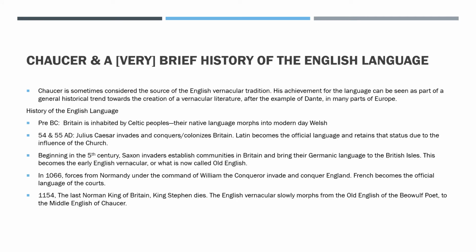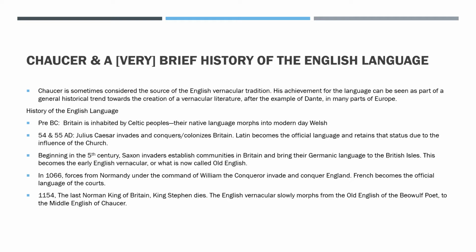Okay, so I also want to talk a little bit about Chaucer and his role in making the English vernacular a language of literature. Now, I was told by Ms. Kopecky that you guys all kind of talked about this when you were studying Dante, and so in a lot of ways, Chaucer is sort of the English Dante.